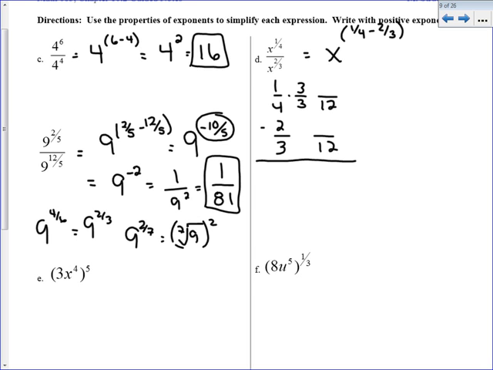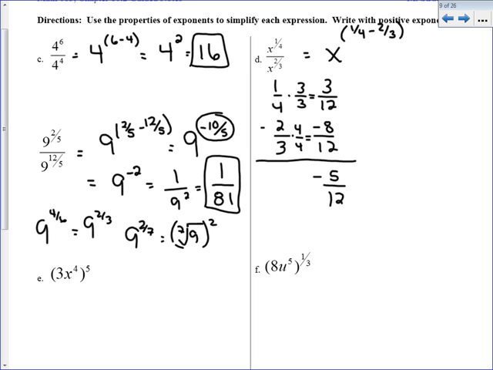So we get 3/12. And what am I going to multiply this bottom fraction by so I get my denominator of 12? 4 over 4. So I get minus 8/12. Just getting a common denominator. Again, your calculator, if you have a scientific calculator, will handle all of this for you. So I get negative 5/12.